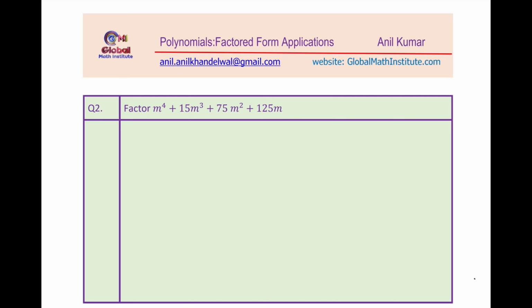So let's rewrite this question, which is m to the power of 4 plus 15m cubed plus 75m squared plus 125m. m is common, so that's factored first.